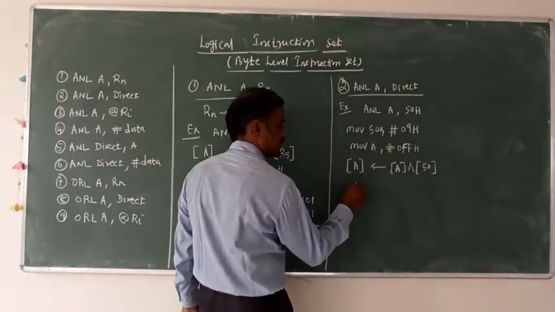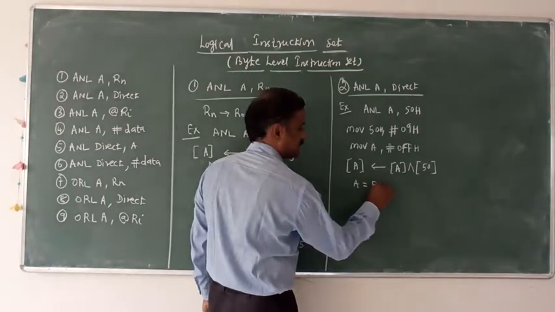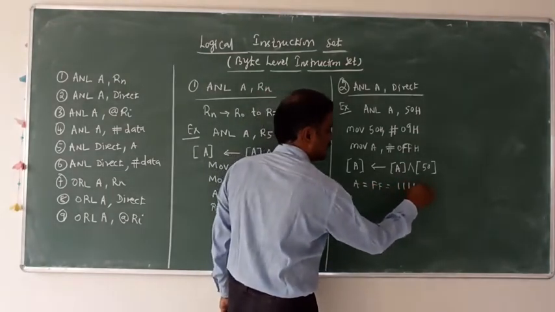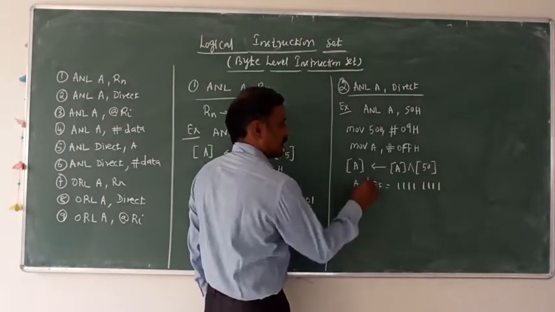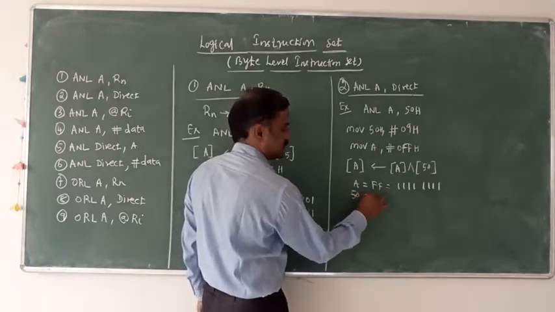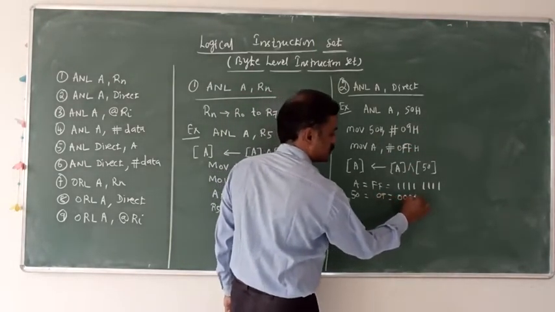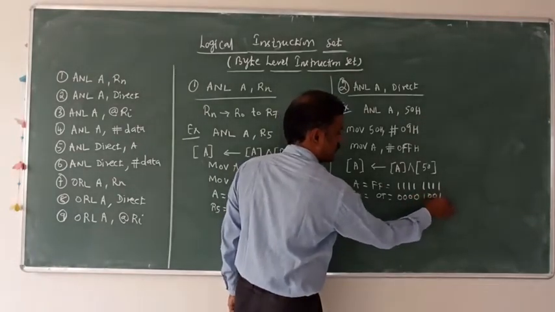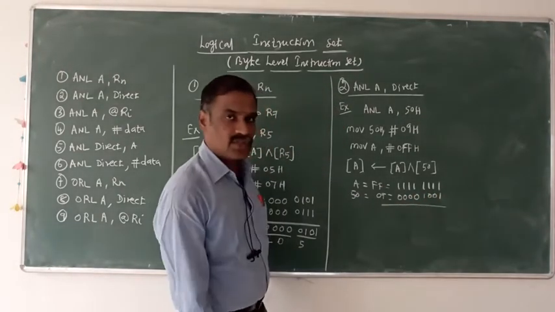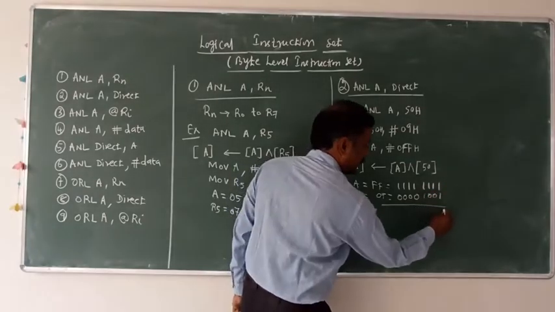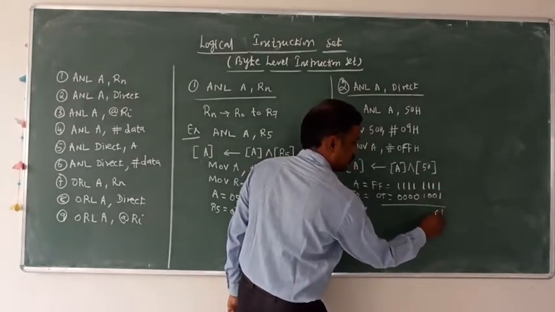Okay. Here the accumulator FF is 1111 1111 and memory address location data 09 is 0000 1001. Now logically AND these two. Both are high, output high. This is low, output 0.